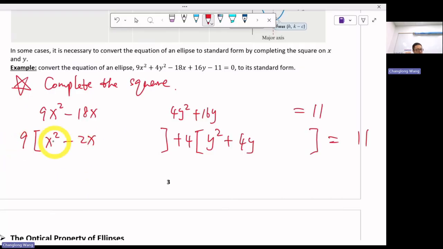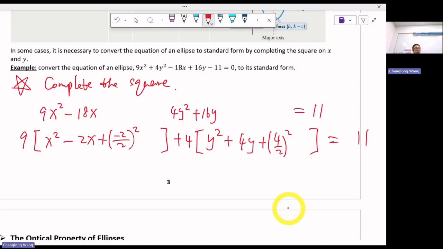So now we can focus on just the x squared and the -2x. The way to complete the square is to add half of b, or b over 2. So -2 over 2, squared. In this case, we will do the same thing for the y terms: we're adding the 4 over 2 squared.